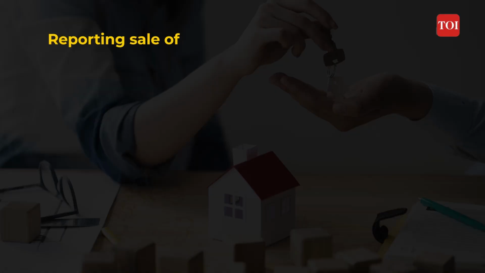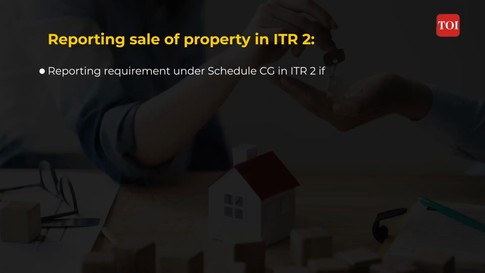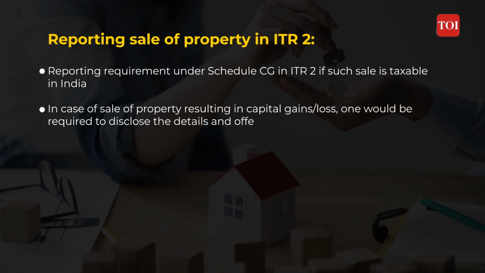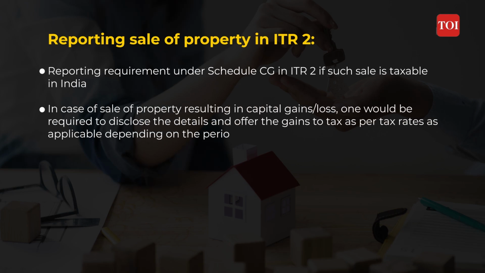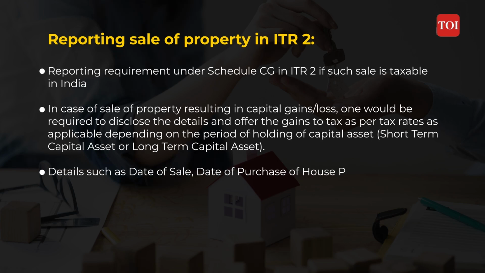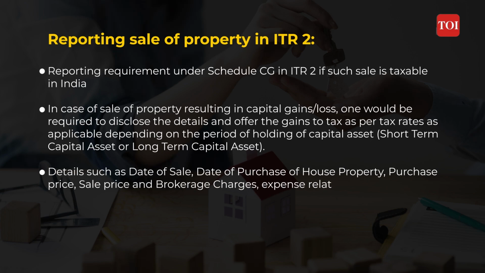Similarly, if you're selling the property and there is a capital gain that you've incurred on the sale of the property, then there are separate capital gain schedules in ITR-2, specifically Schedule CG. If the sale is taxable in India, there are a whole host of details which have to be disclosed. Either you made short-term capital gains or long-term capital gains, depending on the classification of the gains.